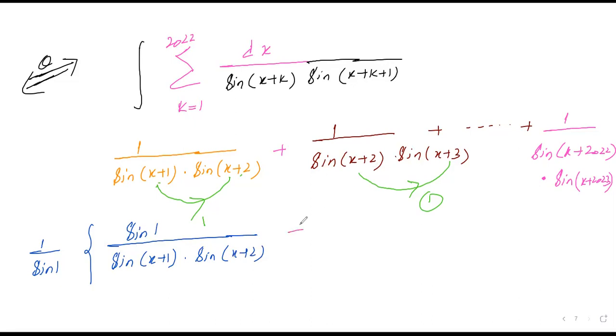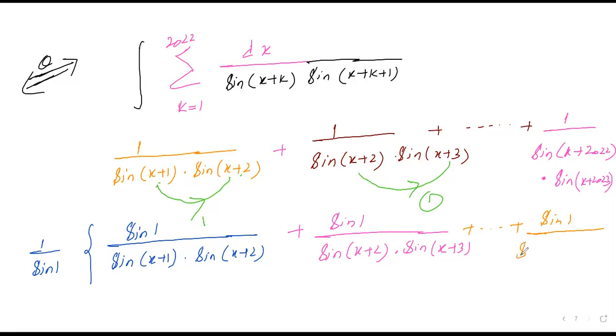And here in numerator, sine of 1 divided by sine of x plus 2 into sine of x plus 3. And in the last term you will get sine of 1 divided by sine of x plus 2022 into sine of x plus 2023.